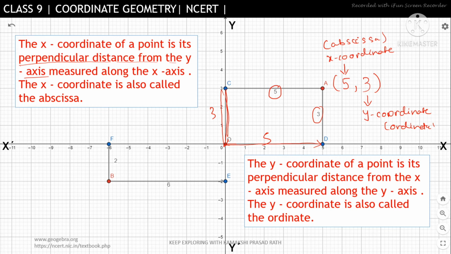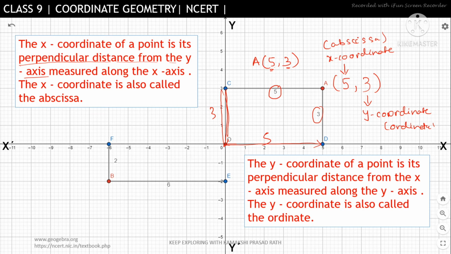And you have to understand, first we always get the x coordinate, second we get the y coordinate. That's why we call it an ordered pair. So in this way the position of A we write in brackets as A(5, 3). So 5 is the abscissa and 3 is the ordinate.